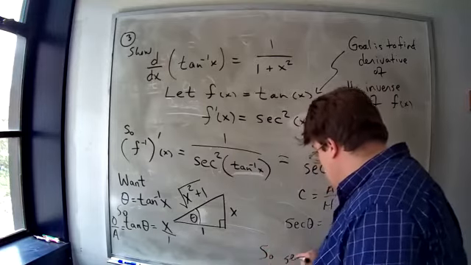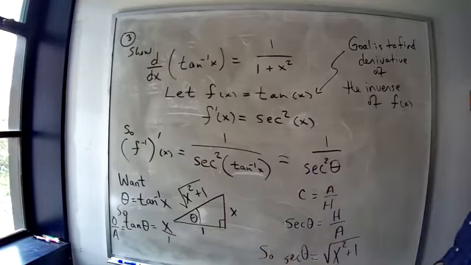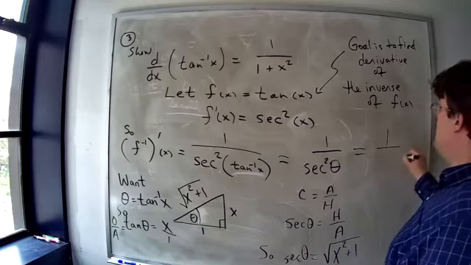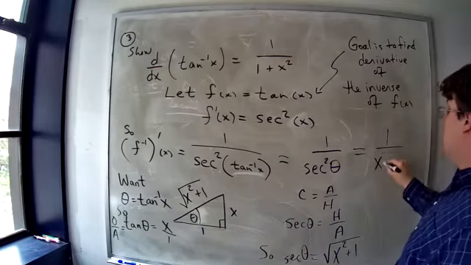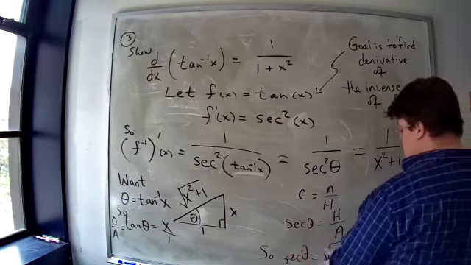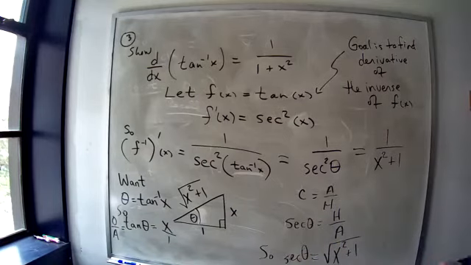So secant of theta is root x squared plus 1. And then square it, the square root goes away. I guess I wrote it as x squared plus 1. So secant squared is x squared plus 1, and just substituting there gives us what we wanted.